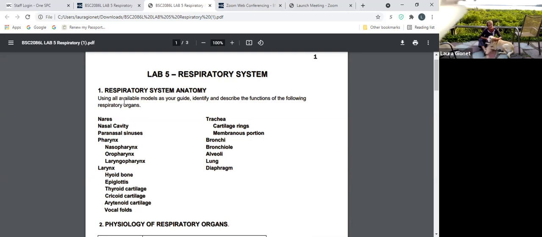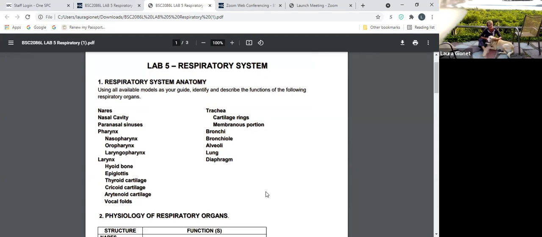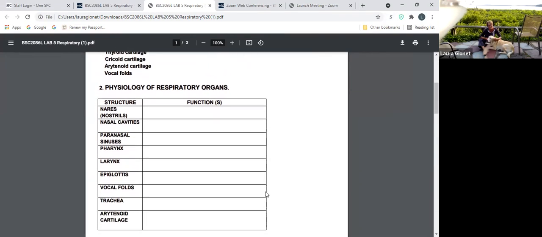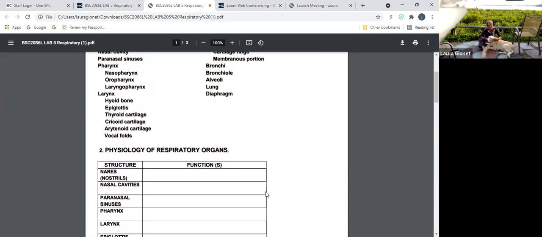So part one here, the respiratory anatomy, using available models as your guide, identify and describe the functions of the following respiratory organs, which are mostly captured in the matching down below. All right.